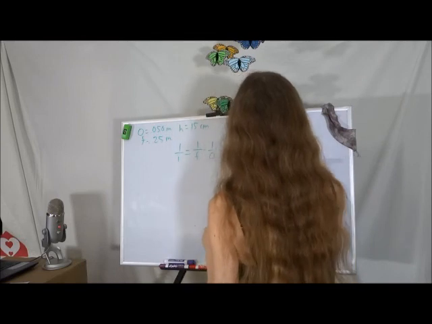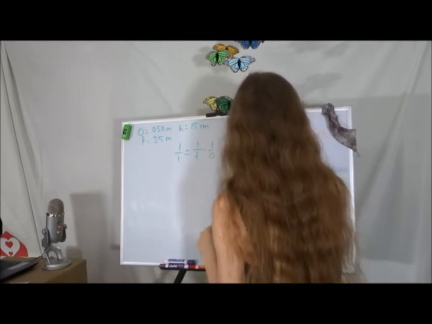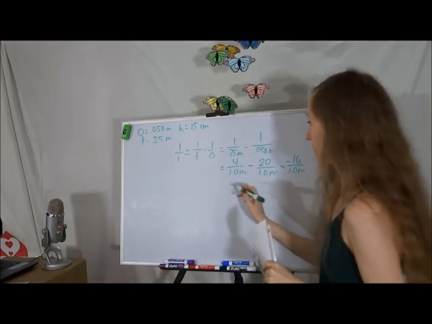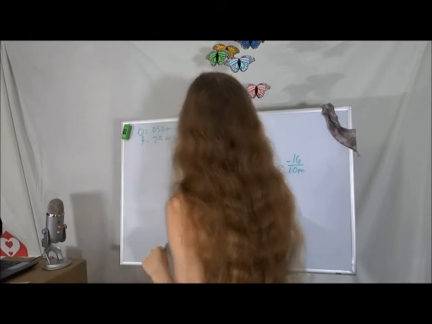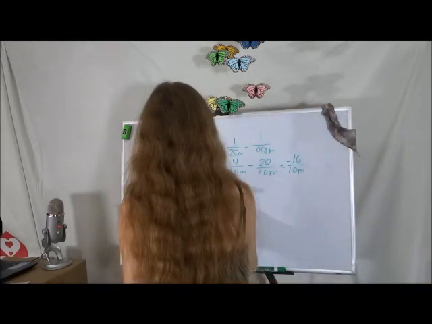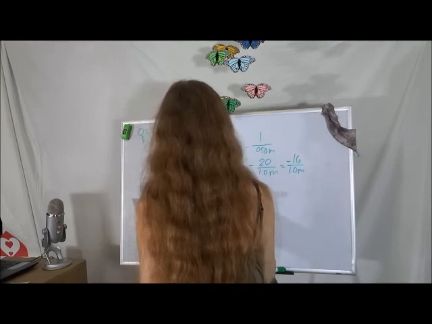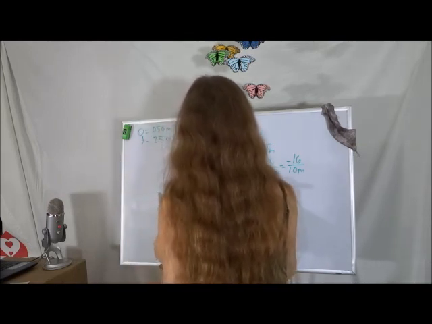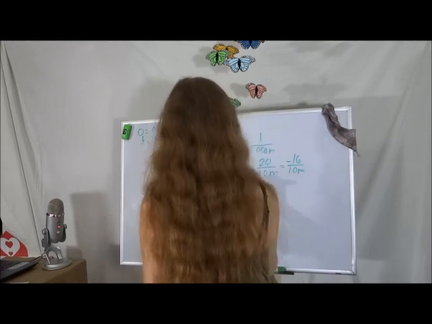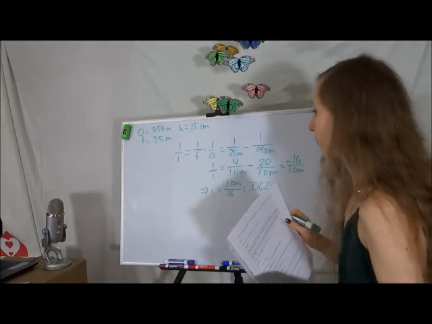So this is going to be negative 16 over 1.0 meters. Now that's 1 over I. If we want I itself, we just have to reciprocate. So I is equal to 1 meter divided by 16, which is 0.0625, and we still have negative signs, so we have that negative image distance.